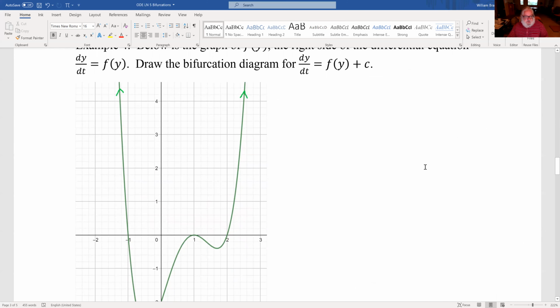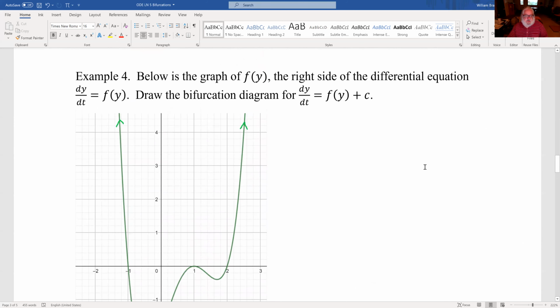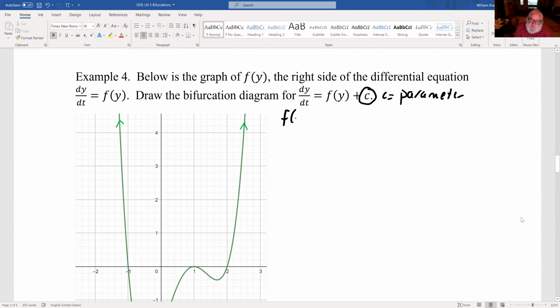So here's a graph of a function, f of y, which is the right side of a differential equation, dy dt equals f of y. What's the bifurcation for this? Well, we know that c is a parameter. And what it does is f of y plus c moves the graph up and down.